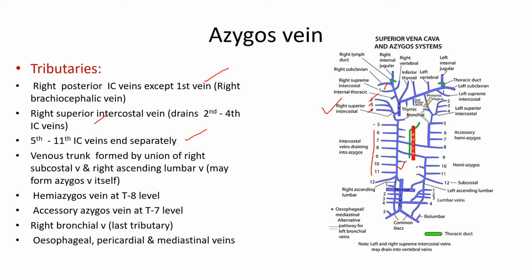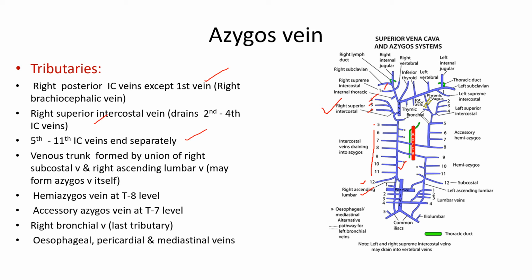The venous trunk formed by the union of the right subcostal vein and right ascending lumbar vein, that is also joining it, and which itself may form the azygos vein, which you are seeing in this picture.